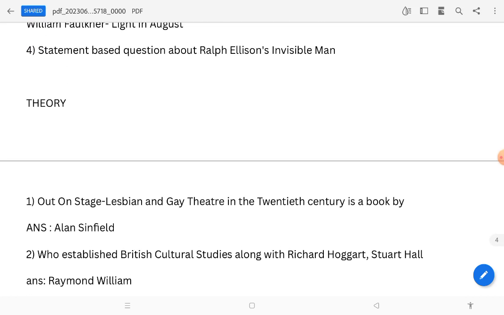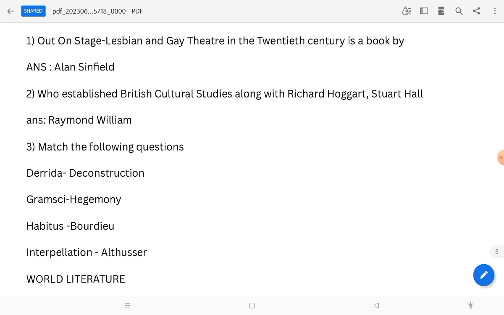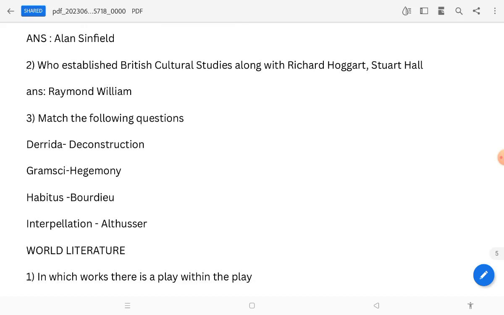And let's see about theory part. Theory part, they ask, Out on Stage: Lesbian and Gay Theatre in the 20th Century is a book by, and the answer will be Alan Sinfield. Who established British cultural studies along with Richard Hoggart, Stuart Hall, and the answer will be Raymond Williams.